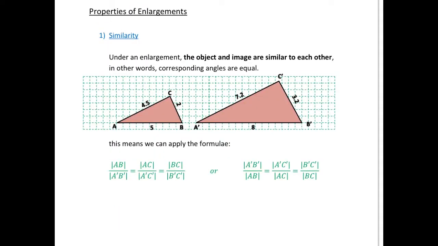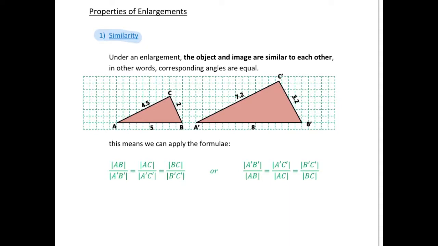There are a few properties of enlargement that I'm going to go through here. So the first of these is similarity. Under an enlargement, the object and the image are similar to each other. In other words, corresponding angles are equal. So if we take a triangle ABC and we enlarge it to this bigger triangle A prime, B prime, C prime, then these two triangles are similar.